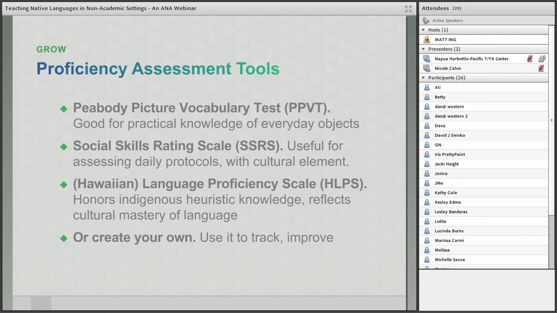I would encourage you, if you're interested in something like this, to look at the Hawaiian language proficiency scale and just work it so that it would fit your needs. Or you can create your own. There's nothing wrong with creating your own assessment tools as long as it is a true assessment tool and not one that will just have the person skate through.